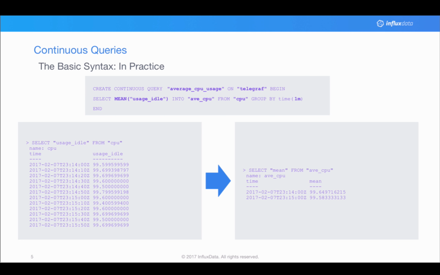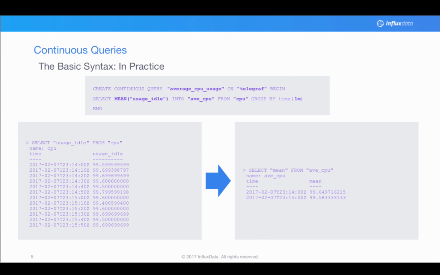So here's an example of that in practice. We're using this CQ to downsample the CPU data, just using mean, in a roll-up interval of 1 minute.